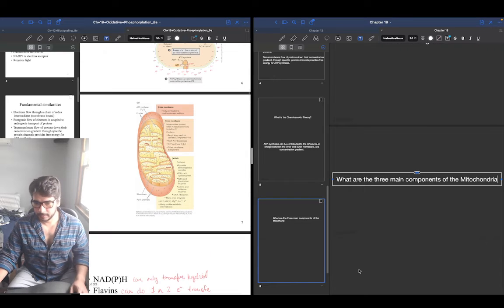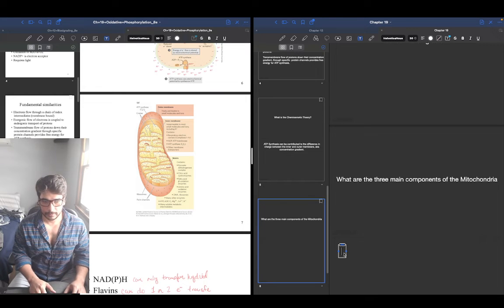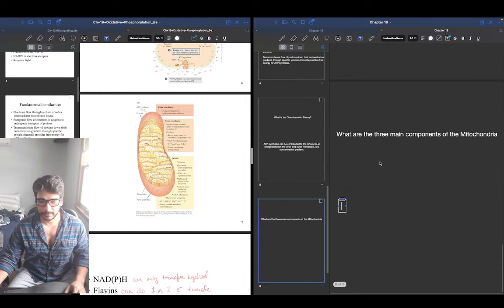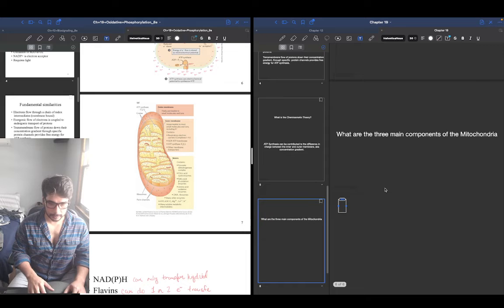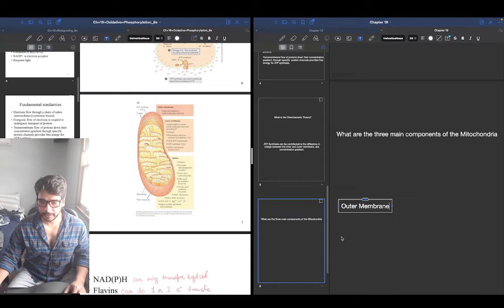Oh, what are the 3? Okay, so here, on this slide, there's going to go a diagram of the mitochondria. We are going to create the outer membrane. Outer membrane. And then let's create a new one, the inner membrane.